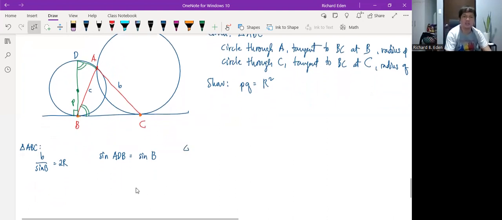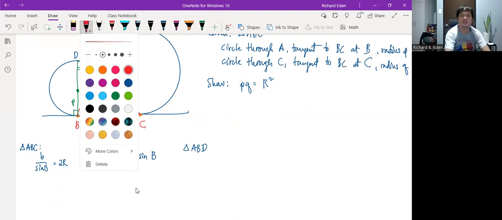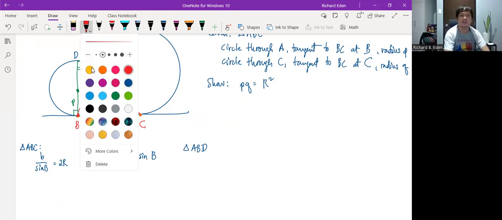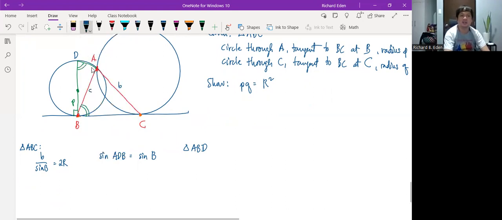But in triangle ABD, asa nung ABD? Ayun nung nandun sa left. So this is A, this is B, and then D is up there, here. Kailangan kasi isama natin yung small p doon sa picture.